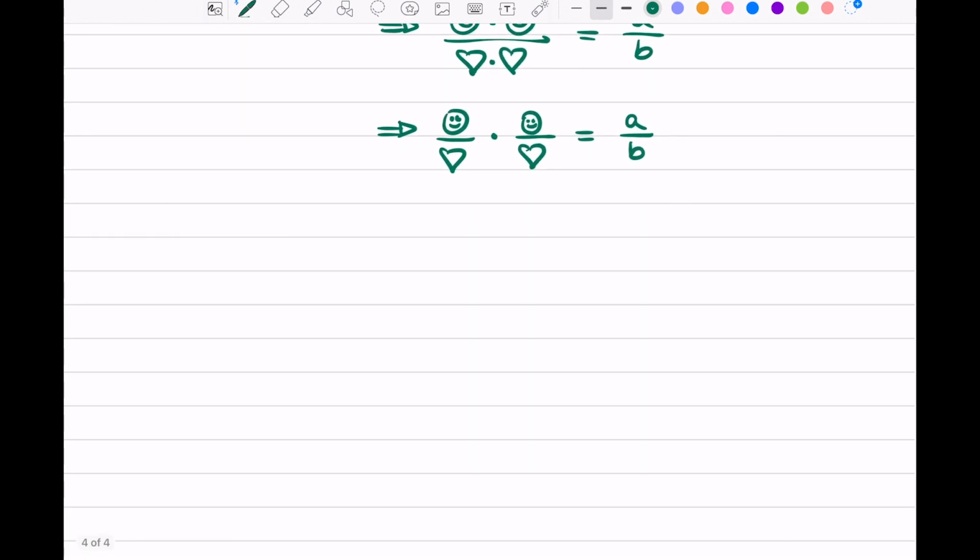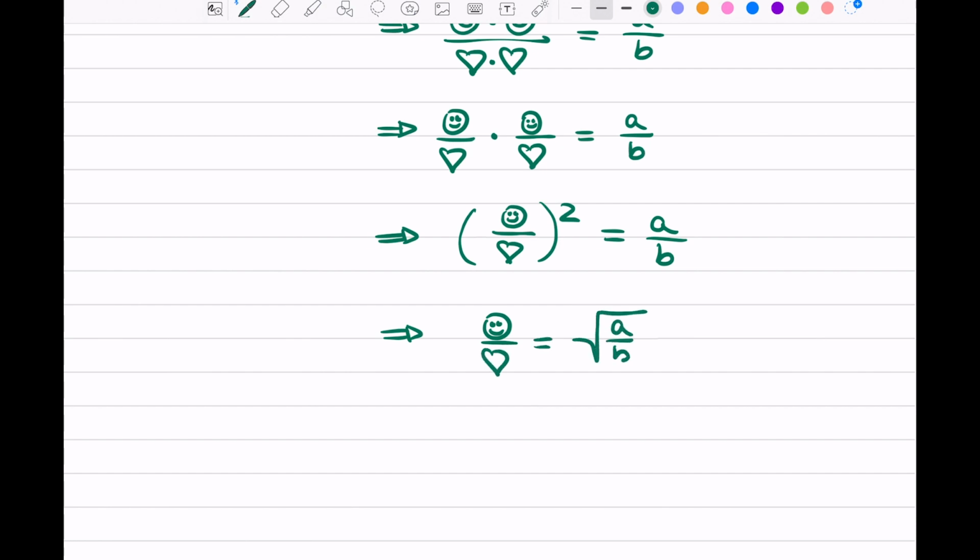Smiley face over heart times smiley face over heart is smiley face over heart, squared. And if smiley face over heart squared equals a over b, that means smiley face over heart equals the square root of a over b.